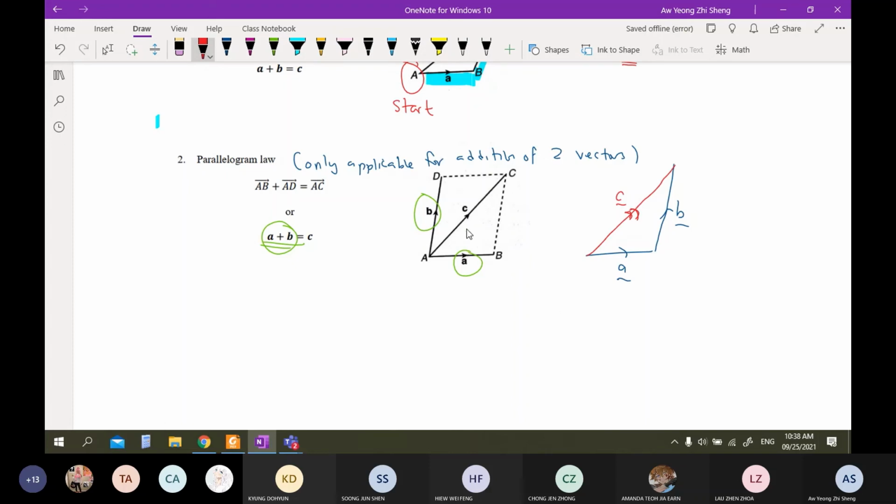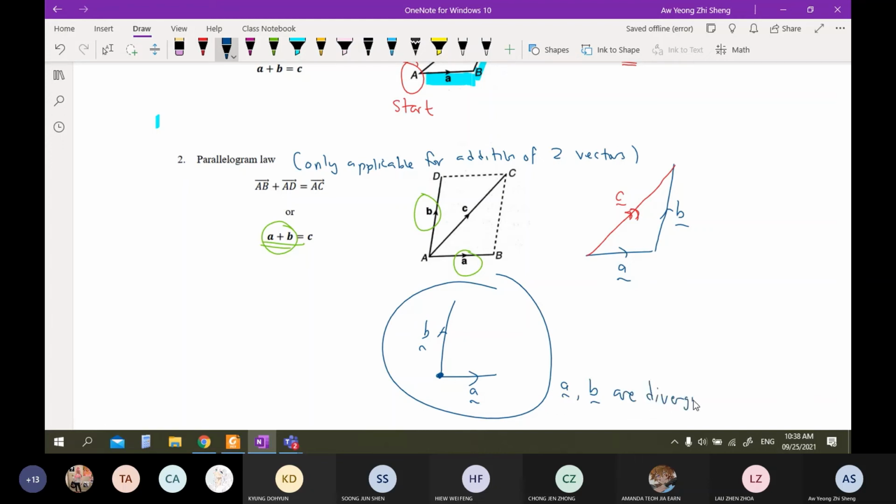So this allows us to have another interpretation of addition of two vectors. If you place your A and B diverging, this diagram says A and B are diverging. The word diverging means they have a common starting point and they point outwards.